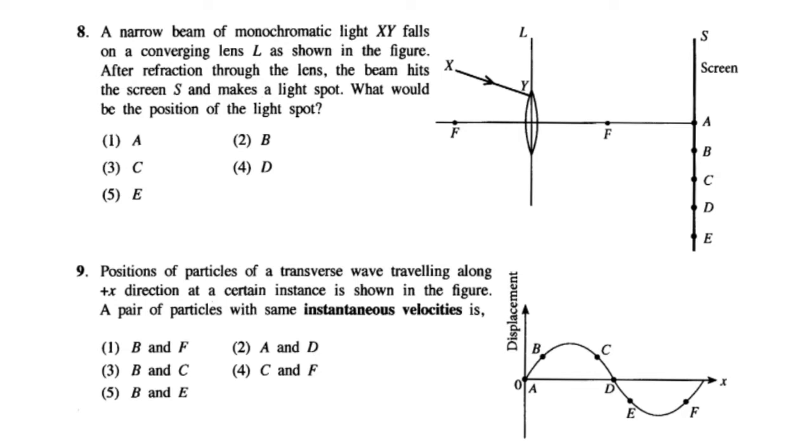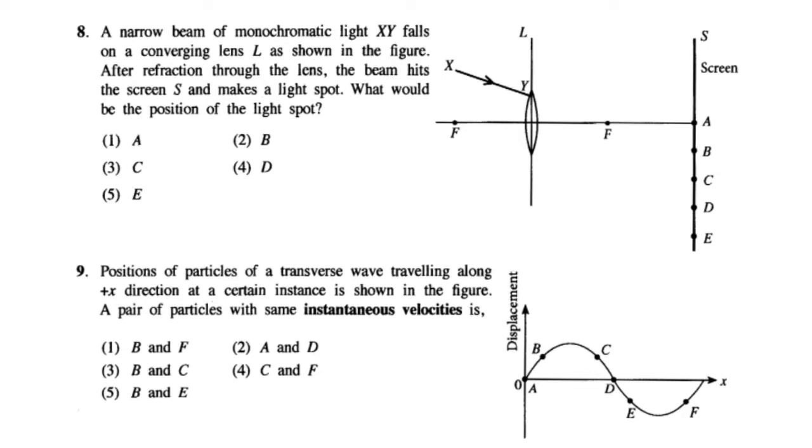B and C have same magnitudes of the displacement, and the magnitude of the velocity would be same. Then the direction, when you compare the direction of B and F, both are moving downwards. So the direction is also right. So the answer would be B and F.